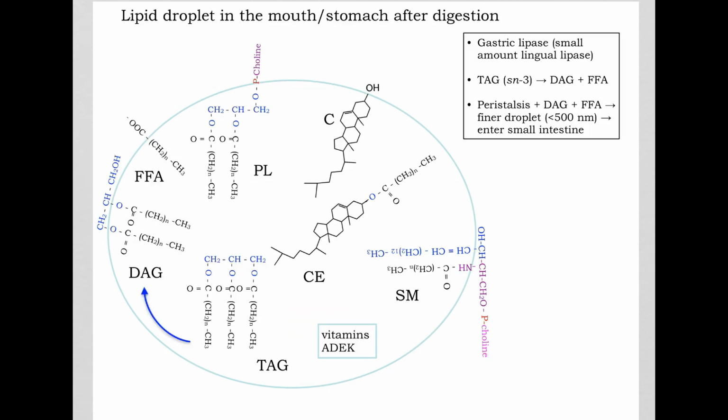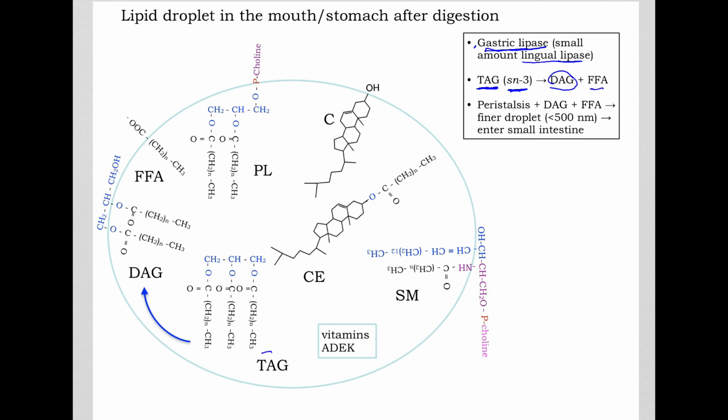Now there is an enzyme in your stomach called gastric lipase. There's a small amount of lipase in your mouth, and that's called lingual lipase. These lipase enzymes will break down triacylglycerol, triglycerides, especially at position number 3, and give you diacylglycerol and free fatty acid.